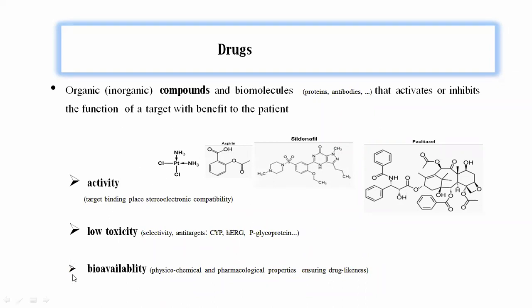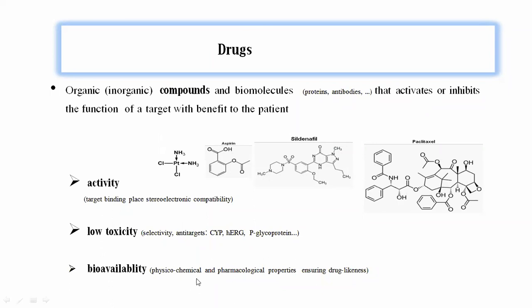Now the very important terminology is bioavailability. What is the meaning of the word bioavailability? It is associated with the physicochemical and pharmacological properties of the drug likeliness. When we discussed the terminology of drug, we said this molecule is going to either activate or inhibit the property of that target cell.